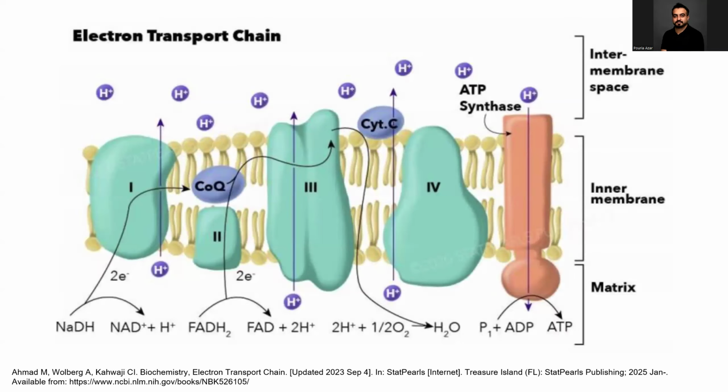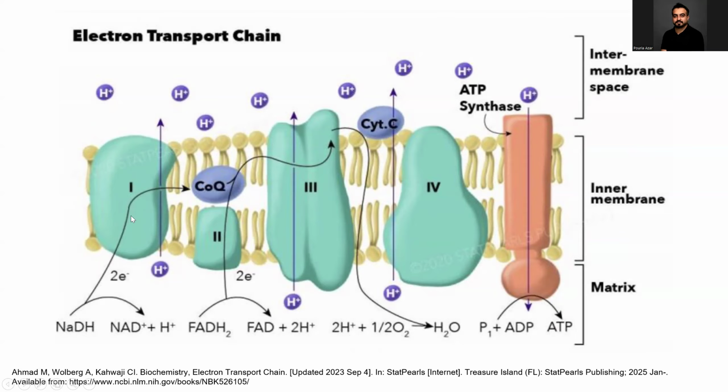And this is the electron transport chain. As you can see, this is the inner membrane of the mitochondria, and these are different protein molecules. It is called the electron transport chain because it's like a chain that transports electrons through these molecules.